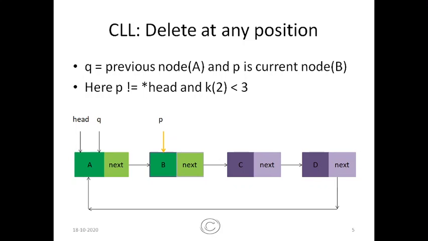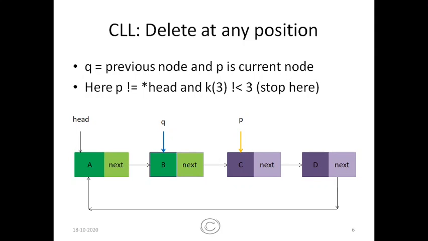So k is equal to 2 now means we are at the second node of the linked list. So we are at B now. We'll check once again the condition whether you have reached the last node or you have reached the position. So we have not reached the position C, so we'll traverse next and increment k as well.